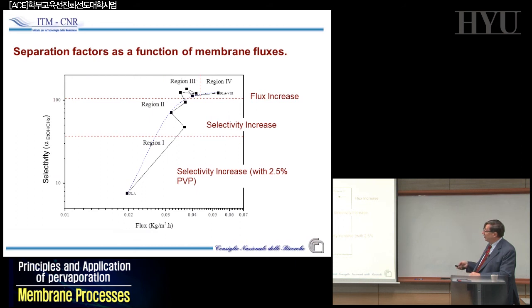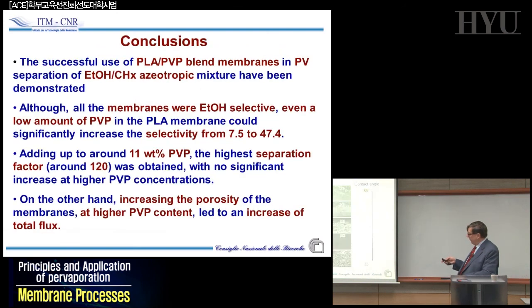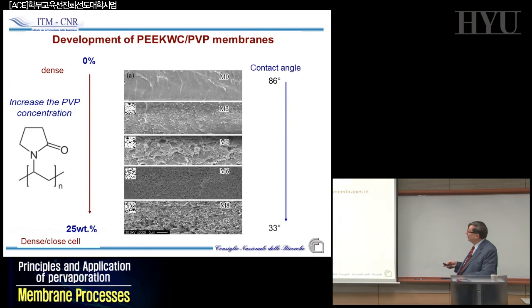And it's interesting that you can have also flux increase and selectivity increase, and we combine this by changing the flux. That is the separation factor as a function of the membrane flux, in this case, because it means one of the components is increasing its permeability and not the other one. So these things are very much related.